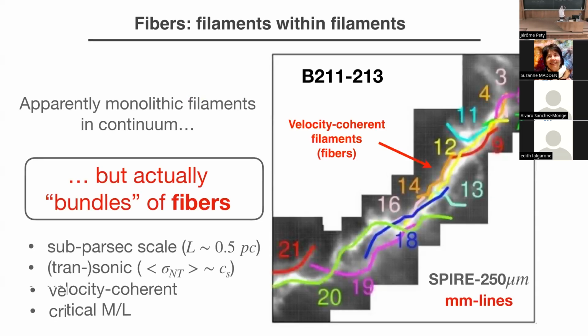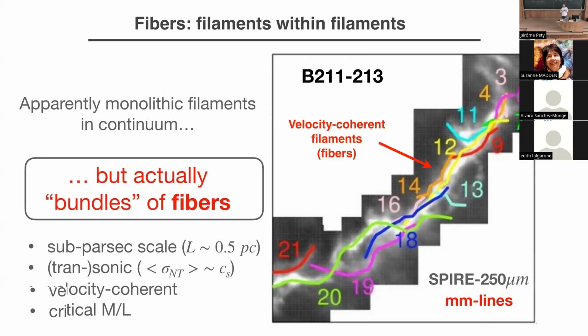This is naturally recovered by our fibers, where we now trace the spine of these structures. And this is not imposed by the algorithm, we recover very elongated structures inside our filament. That basically are more than one.